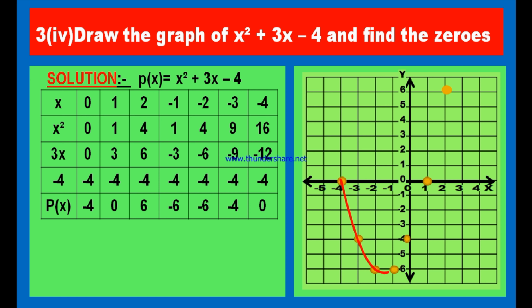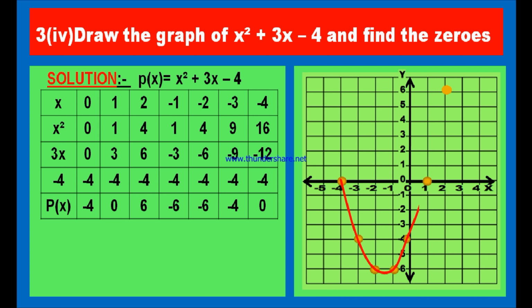We have to join all these points with free hand like this. You should not use a scale. You have to move like this, with a smooth curve. You should not cut here like this. You should not draw a straight line. You have to move like this. That is the curve. You may look here once again.